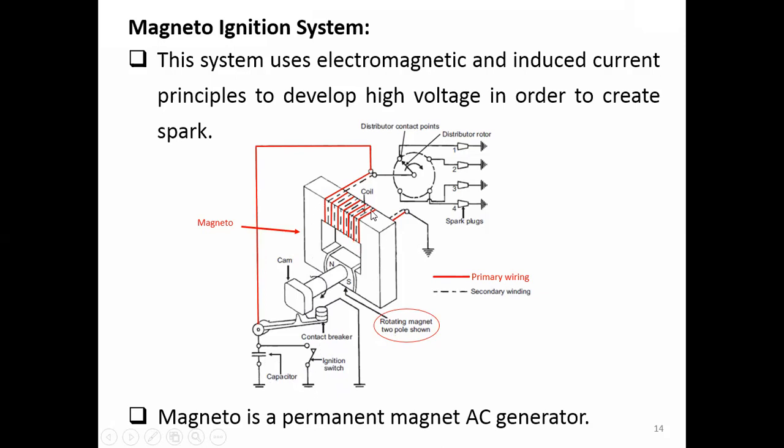In the magneto, you see we have a primary winding, the red color, and the secondary winding, the dotted line here. So everything is much the same, except that we don't have the battery in here. We also have the distributor rotor here and the spark plug.